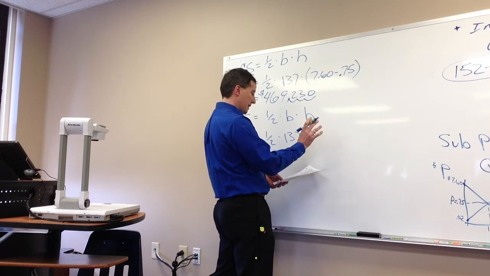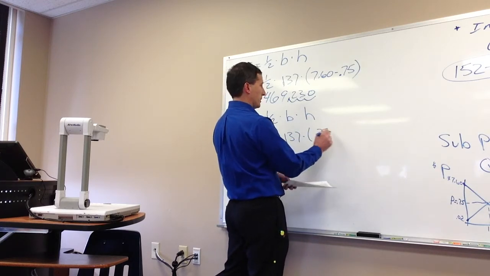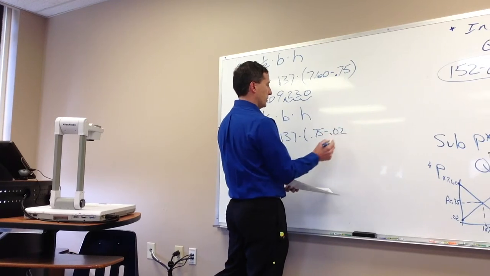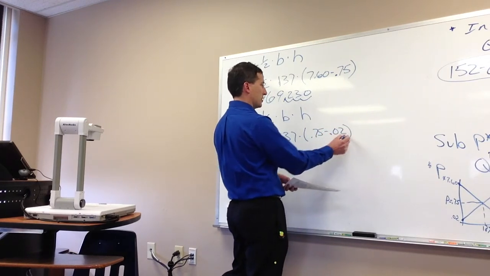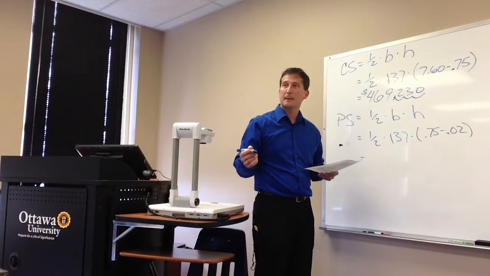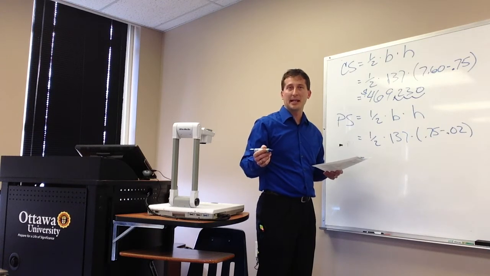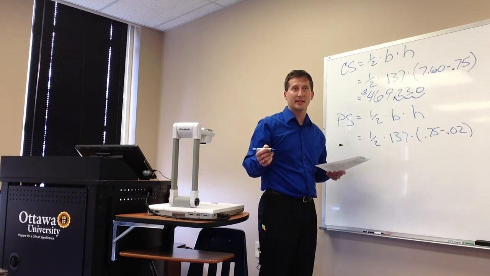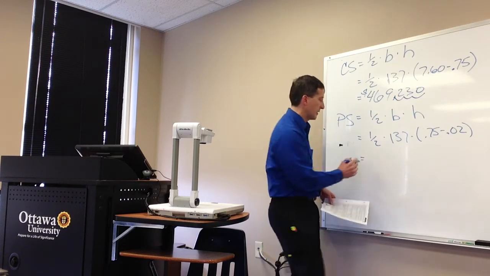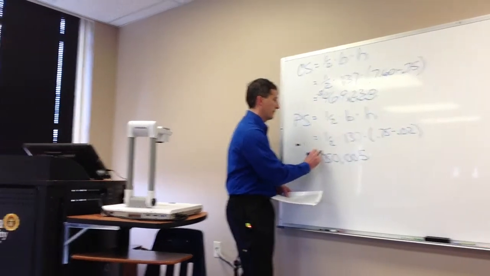So 137 times 0.75, the initial equilibrium price, minus 0.02, which is our supply choke price. And what'd you guys get for that? I might be off, but I got 49,920. Sounds like 50,005. 50,005, that's the right answer. So a little bit of rounding there. I just did round 2 cents at the very beginning.